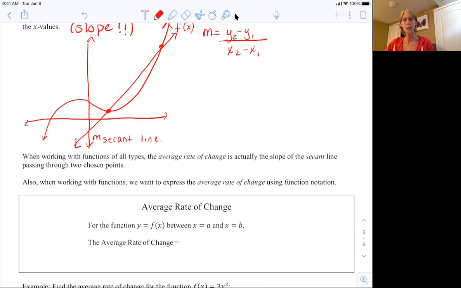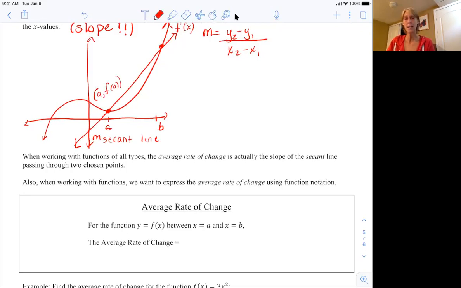So if we want to find the average rate of change of f of x between x equals a and x equals b, I want to get you to express this with more function notation. If a is my x value, what point would be on the curve? The y value could be expressed as f of a.